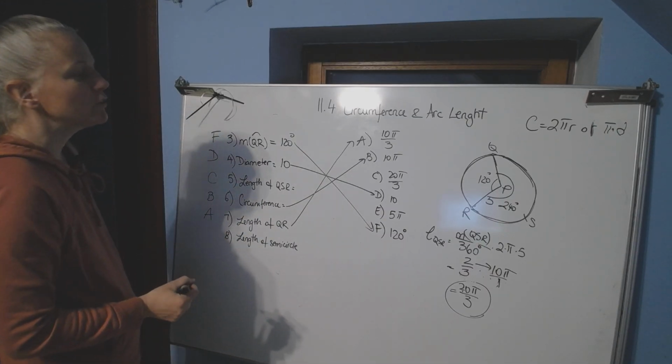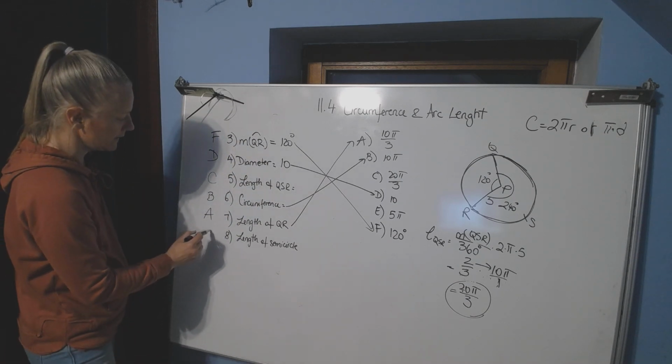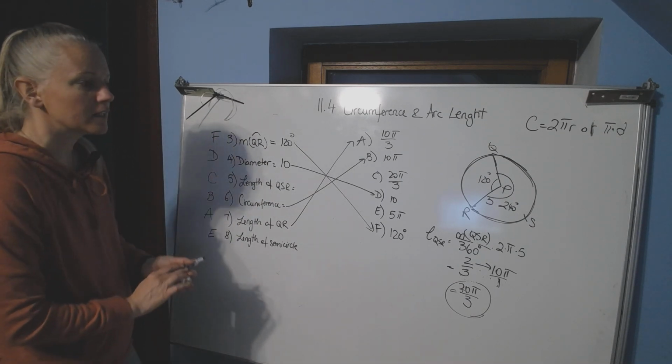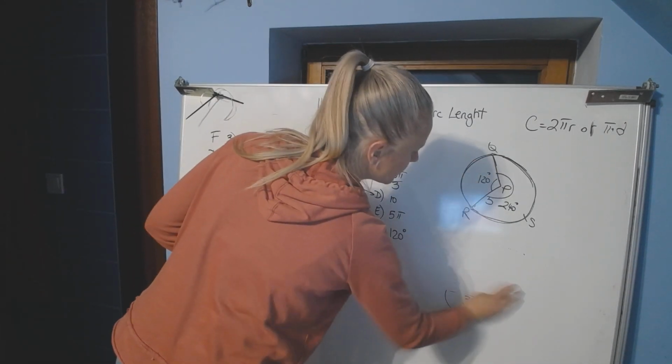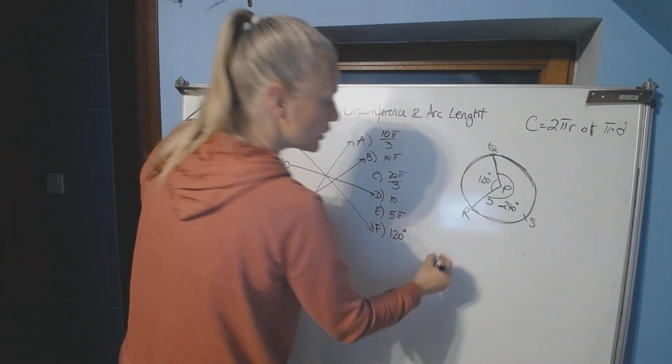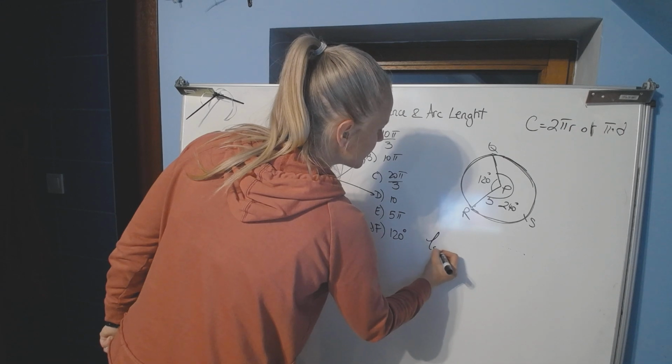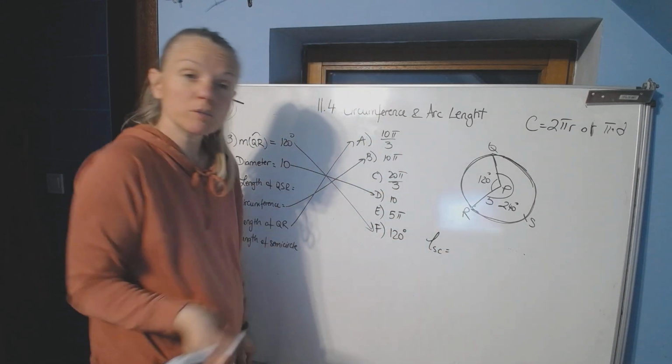And I don't even have to work anymore because I know the only one I didn't use for here is E, length of a semicircle. But let's see it for the sake of it. What is the length of a semicircle? We don't have a semicircle here, but the length of a semicircle is going to be the measurement of a semicircle.